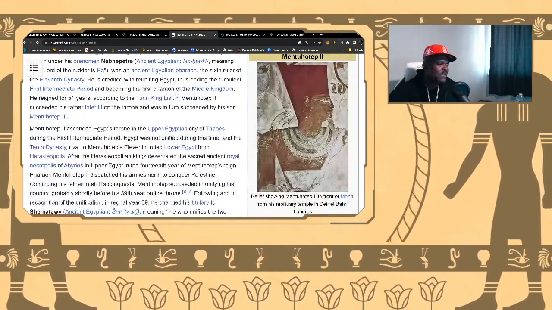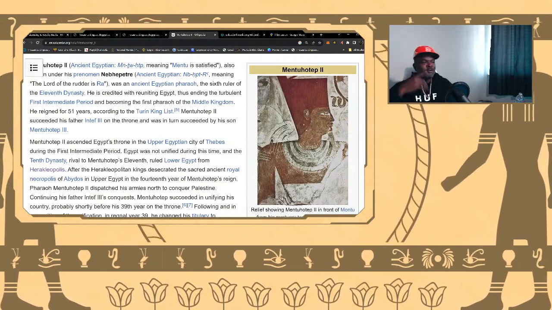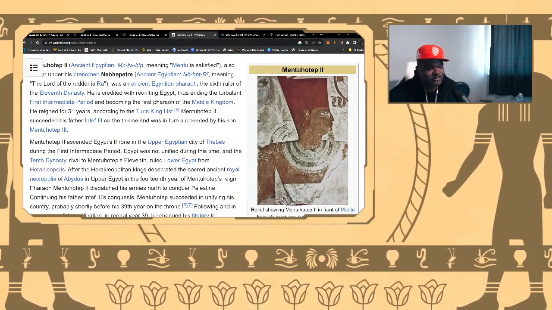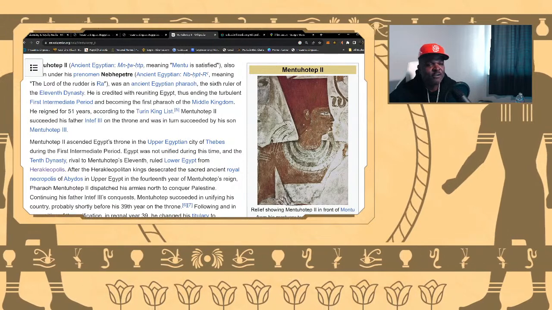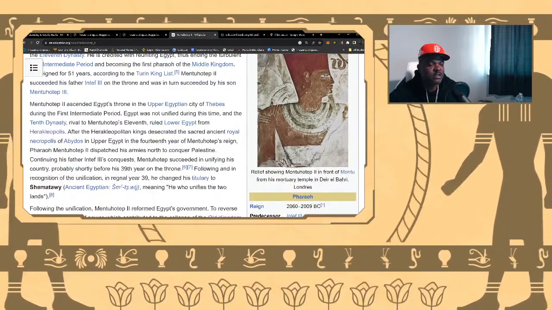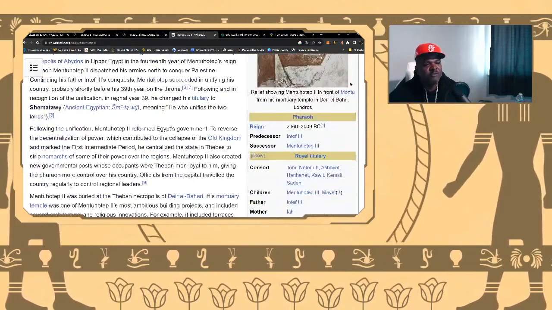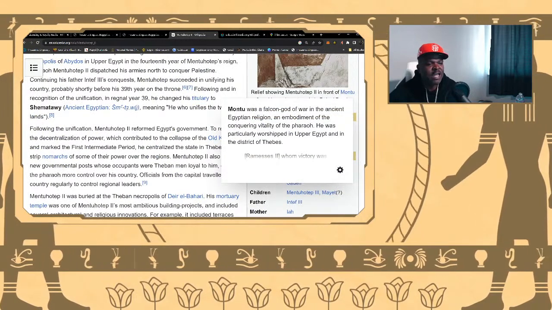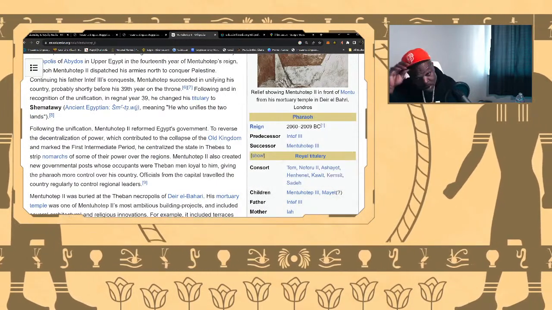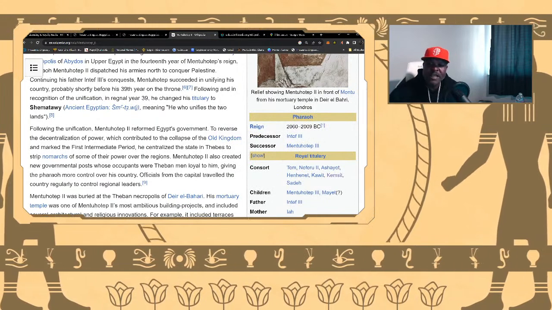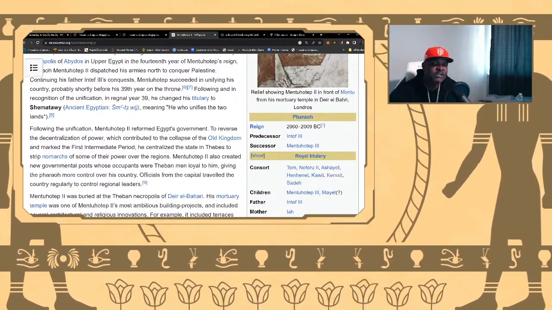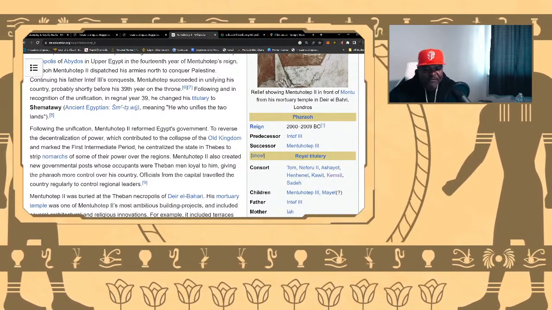Mentuhotep II wasn't no punk. But I want to show you him for different reasons. And we say Mentuhotep, but if we understand Montu being at his name, Montu being a god of war. So you can see why they was Mentuhoteps, because they was beefing at that time.